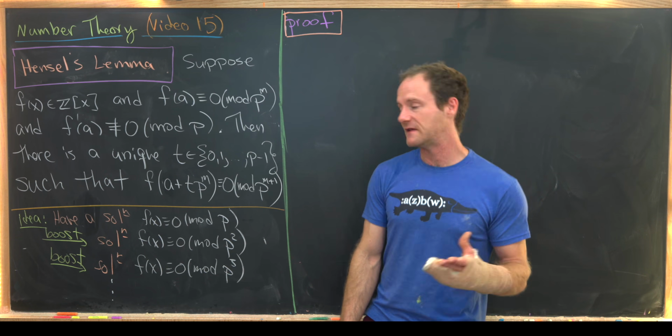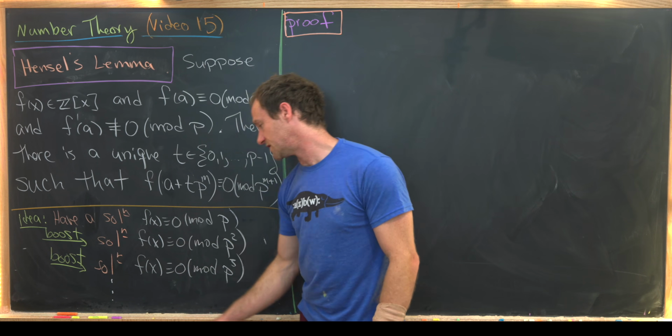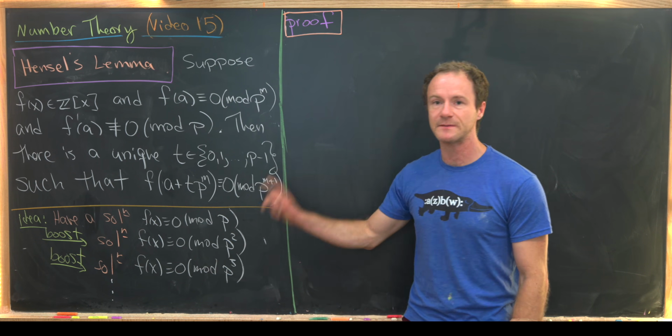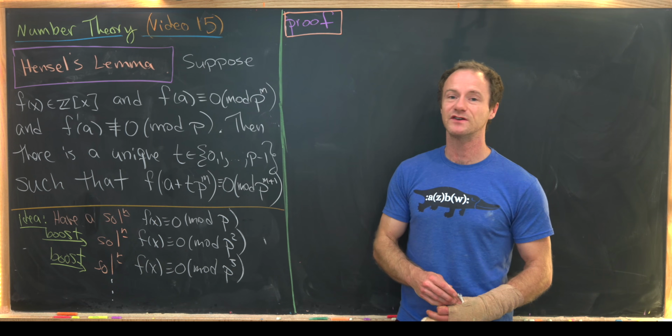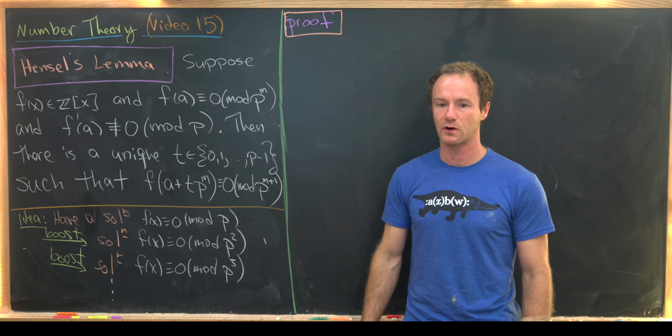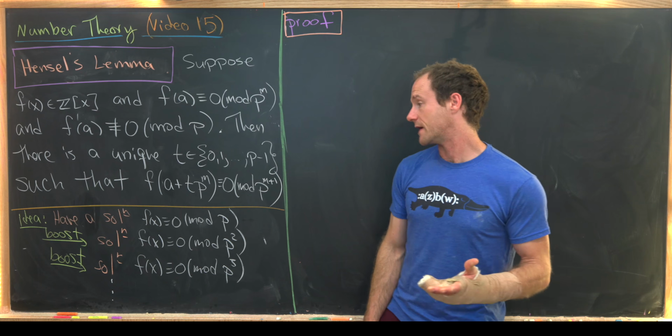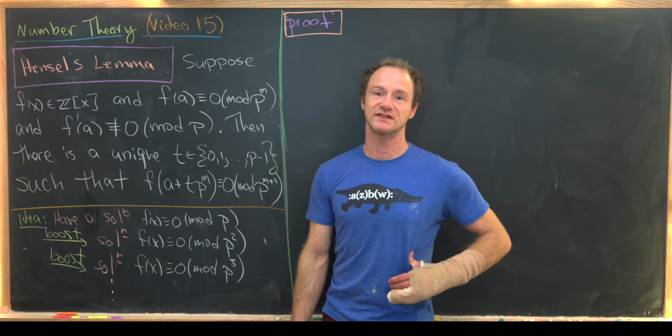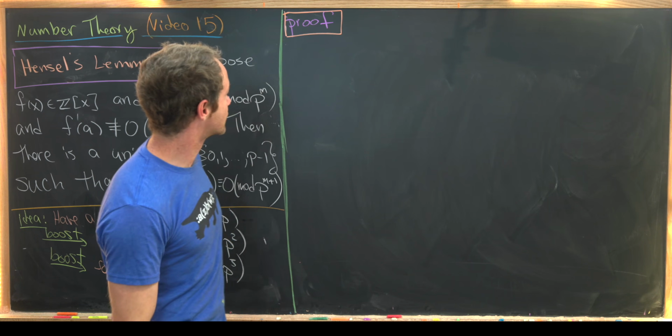And then we can repeat that process to boost it to a solution of f of x is congruent to 0 mod p cubed, and so on and so forth until you get your desired power of p. Okay, good. So now that we've gotten this kind of motivation taken care of, let's go to the proof.